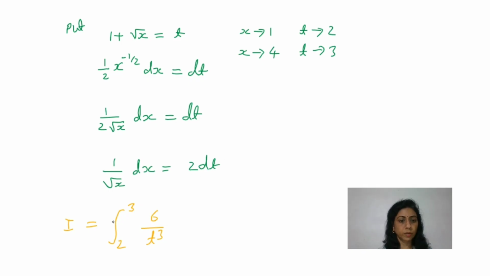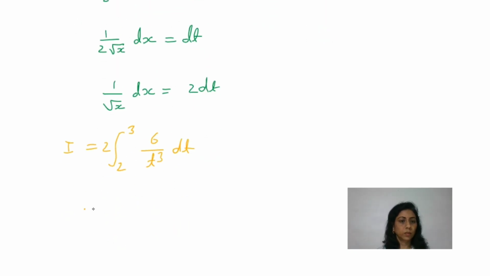So 2 we can write here, and this is dt. This 6 comes here, 6 times 2 is 12, integration 2 to 3. Okay, this is 2, and 1 upon t cube we can write t to the power minus 3 dt.